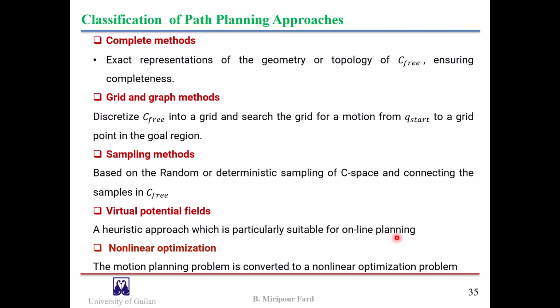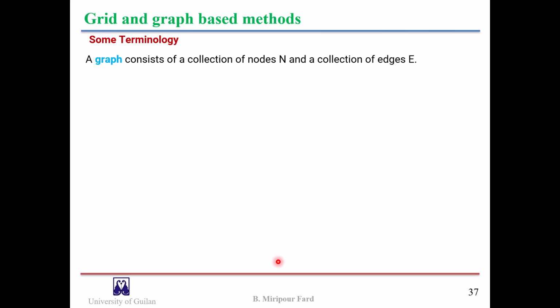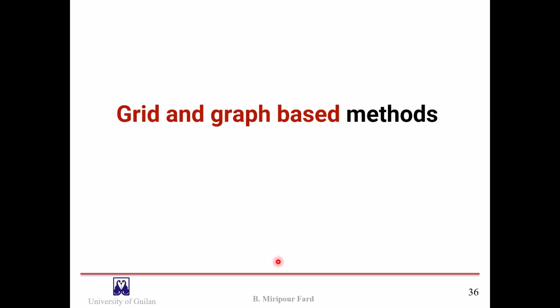And finally, we can formulate the path planning problem as a nonlinear optimization problem and solve it to obtain an optimal path. Let's start with grid and graph based methods.